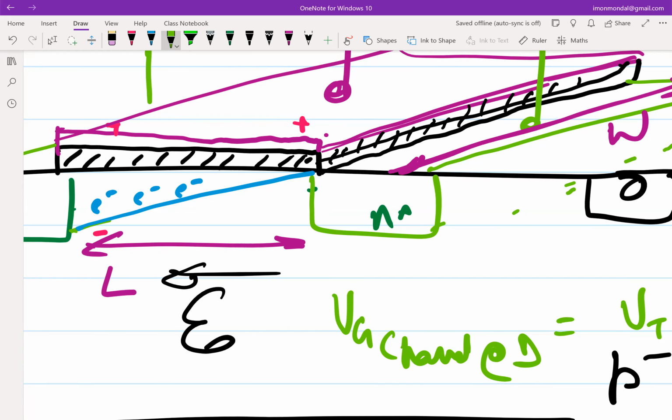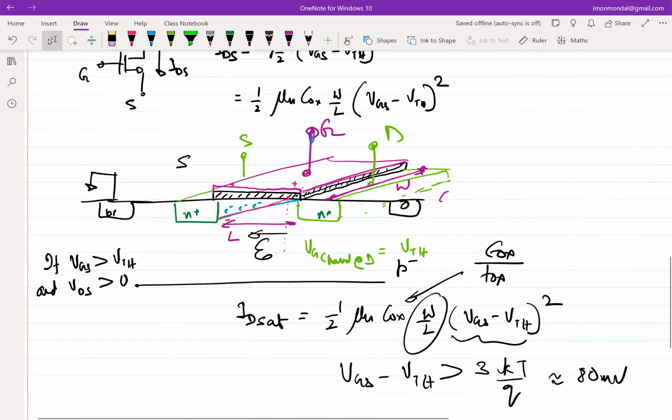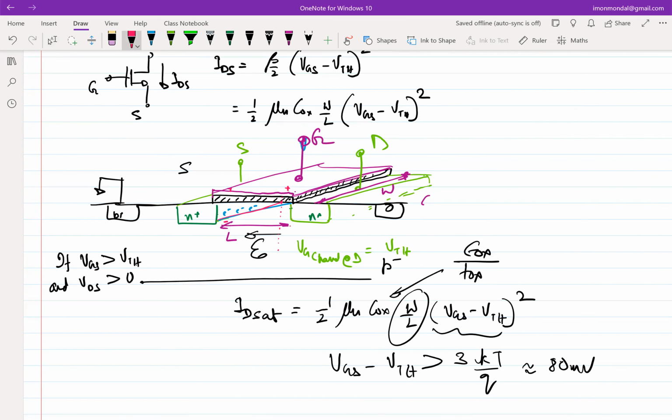So if I increase VDS, the pinch off region can essentially move slightly to the left, right? So essentially what happens is the electrical length of the channel reduces by a certain amount.